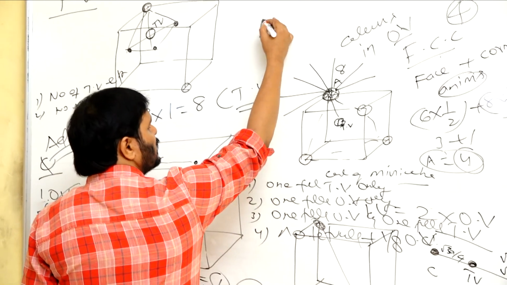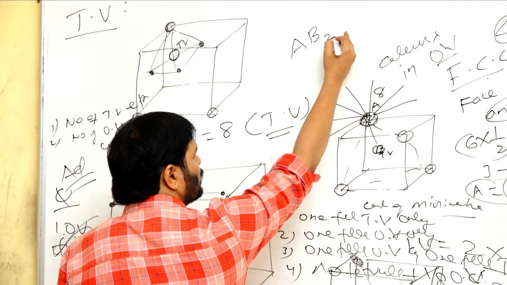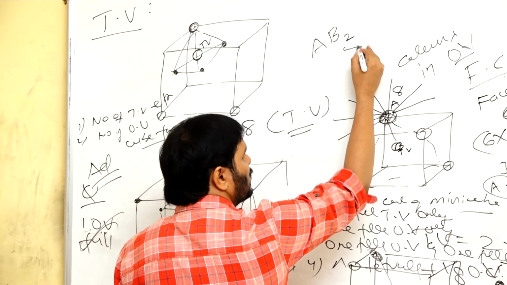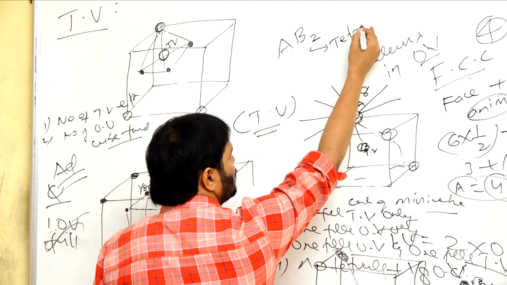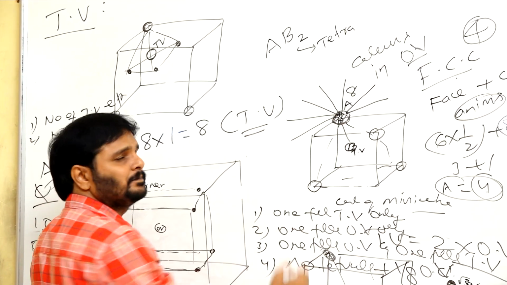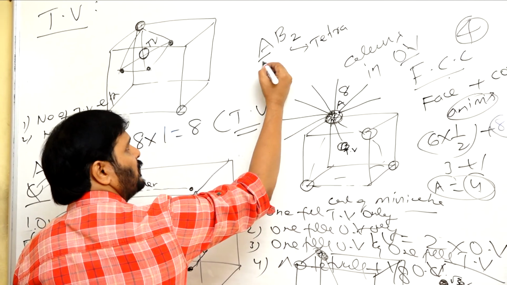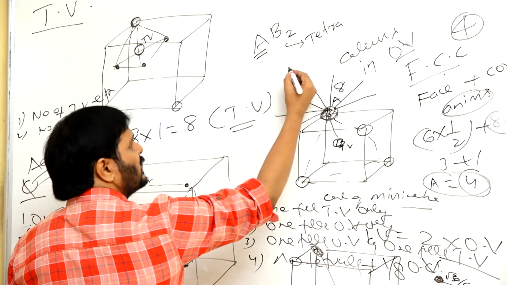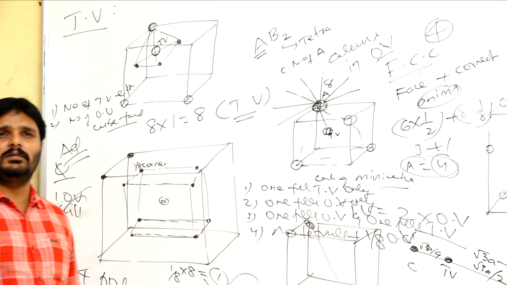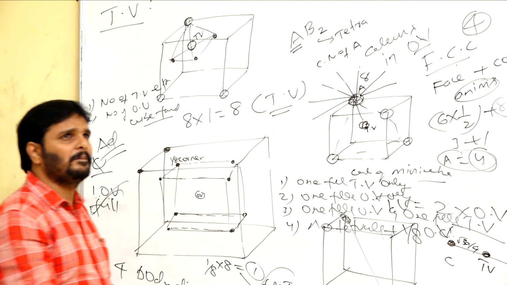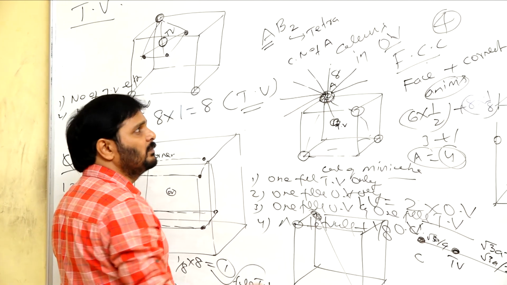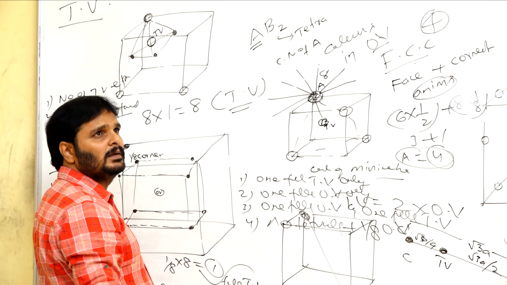Say, for example, the short formula is AB2. These are tetrahedral, as given in the question. Then they ask you to find the coordination number of A. To find the coordination number is very simple.